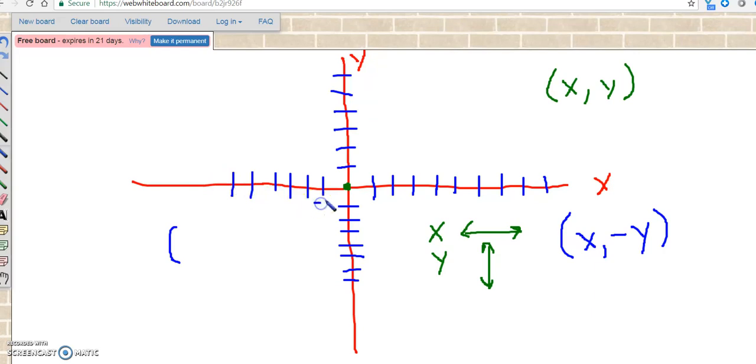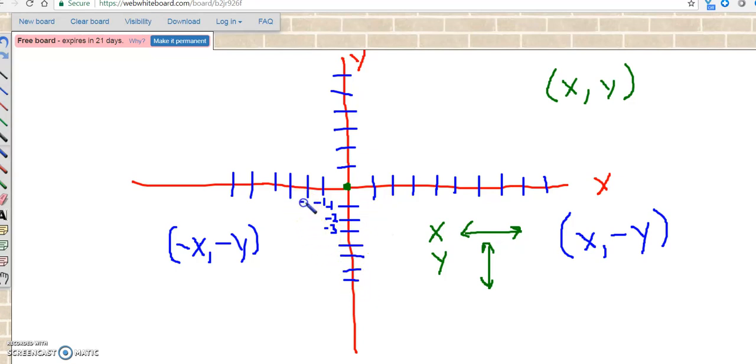This first number here is a -1, so it's going into the negatives. So the x is negative, but the y is also negative because this line right here is a -1 as well. This one is a -2. This one is a -3, and so on and so on.